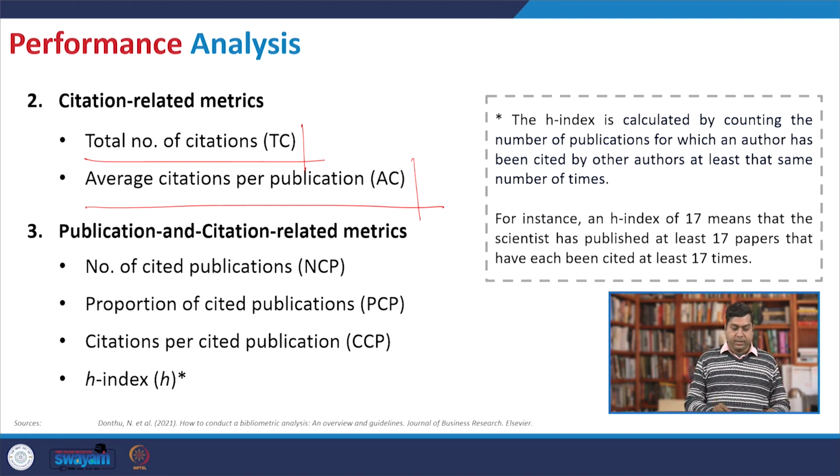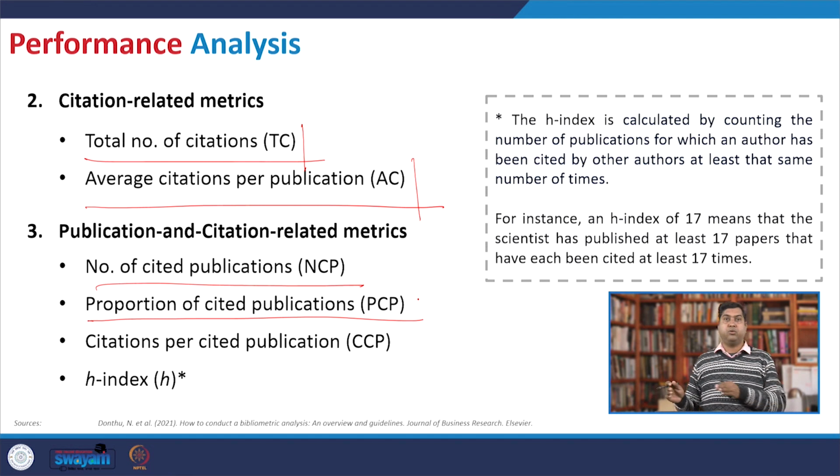Now, publication and citation related matrix: the number of cited publications, and the proportion of cited publications. It is not that a paper is published in a journal and then immediately we start getting citations. So, for a journal, if all of a sudden there is a new acceptance or newly published document, that may affect the per paper citation, because it is adding to the denominator of the impact factor calculation, but over time it will gain citations.